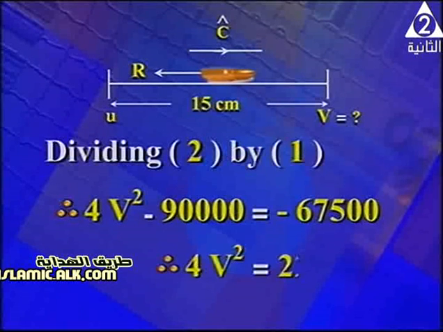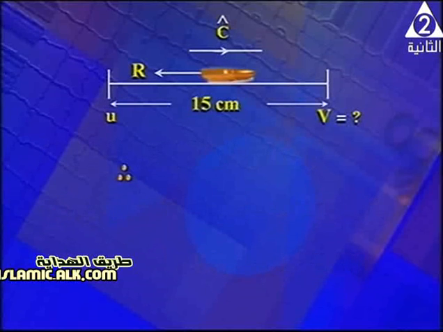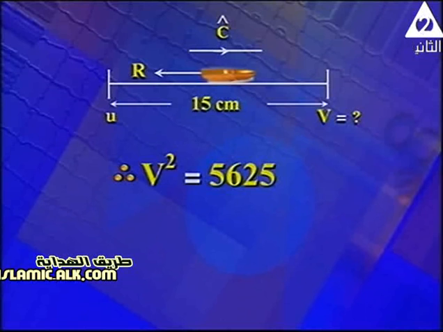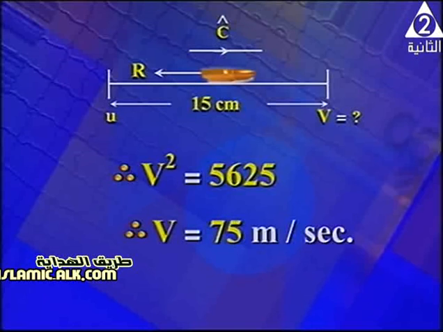After that, 4V squared equals 22,500, so V squared equals 5,625. Then by using the square root, the velocity is 75 meter per second.